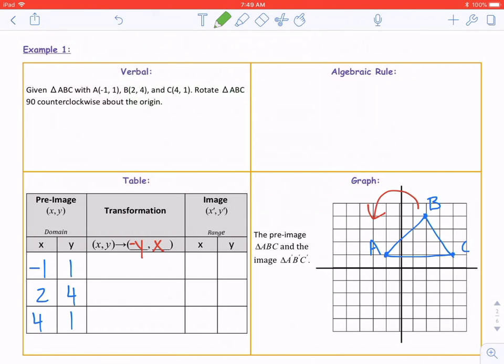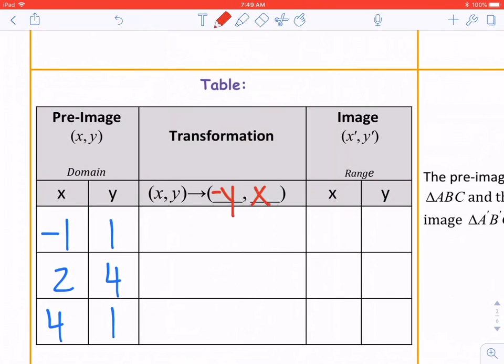First, we'll figure out our points in the table. Before we graph it, let's come over here to the table for a minute. We have negative y, so in this case that would be -1, because that was our y value. And then x is going to be second. For B, we have a negative y, which would be -4, and then the x will come next, which is 2.